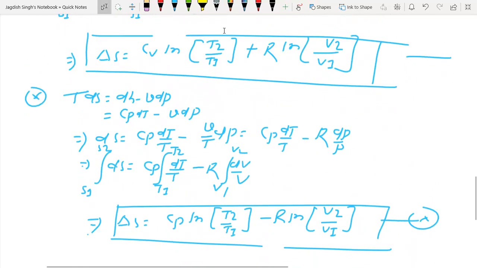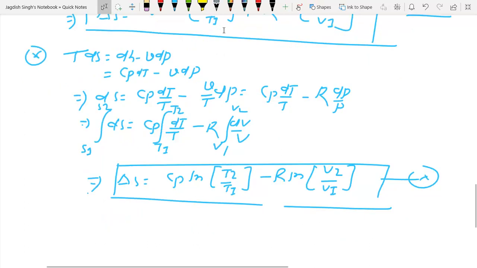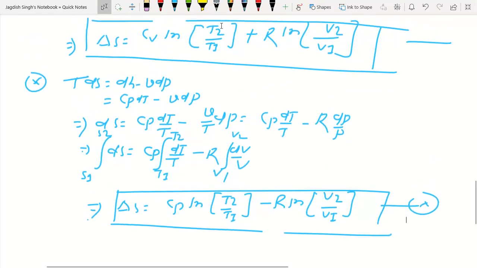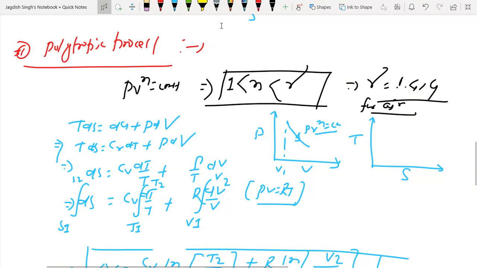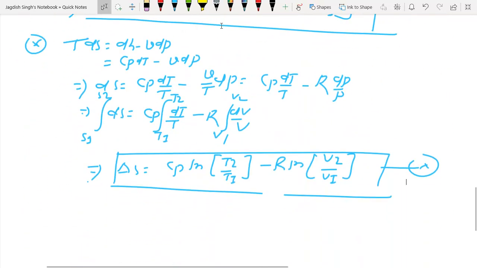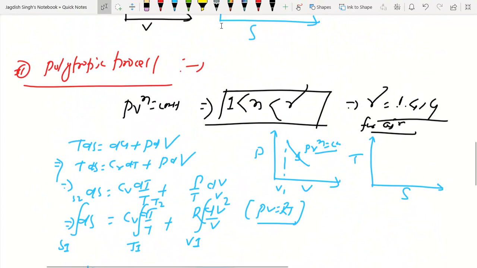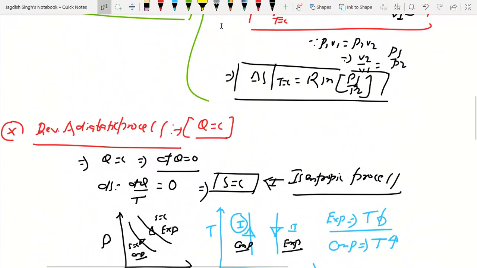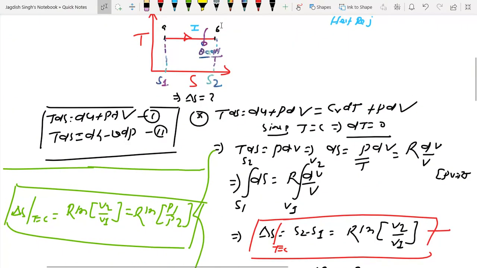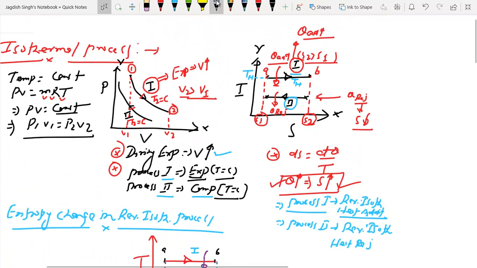So we can use any one equation as per the given condition. This is for an open system. For the polytropic process, by using this concept, you can do the entropy calculation for this one.